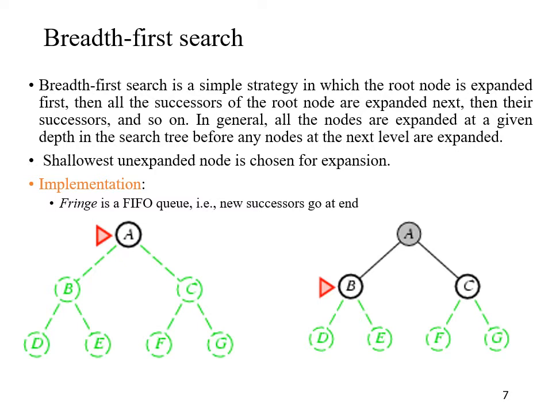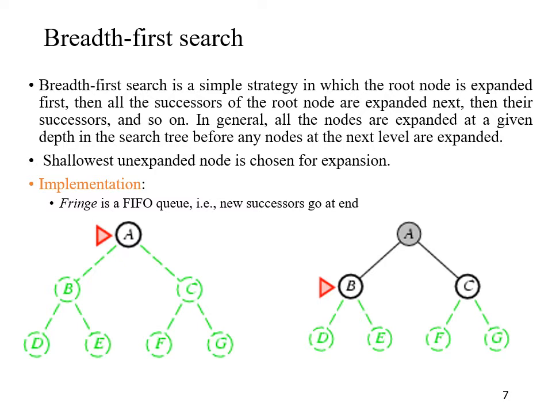In general, all the nodes at a given depth in the search tree are expanded before any node at the next level is expanded. So in this case, we have to expand the nodes level wise. Before going to the next level, you have to finish all the nodes of the current level.